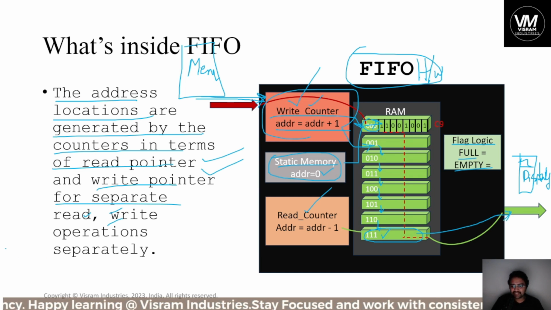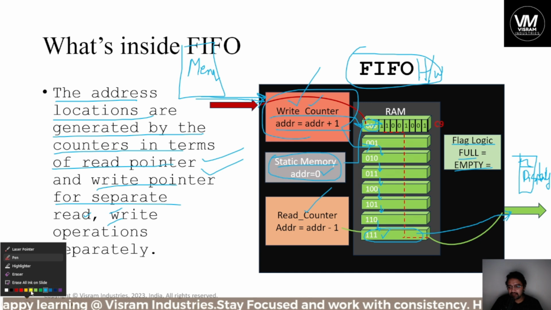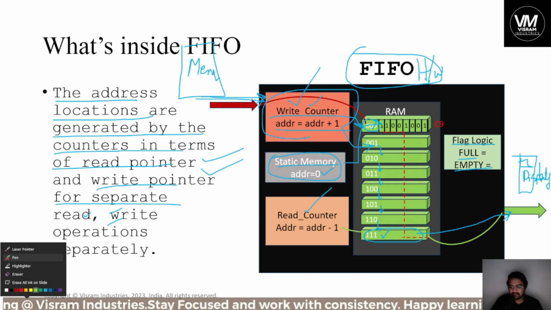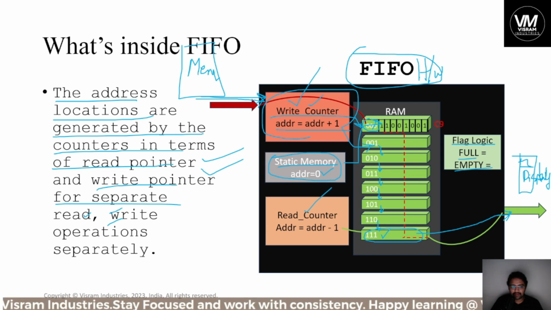In the second iteration, let us see with another color, okay, I have taken the wrong color. Whatever the data in the 110, that comes to the 111 now, because in the last register 111 the data is already sent out and now it is empty, and 110 is coming here and some other data is pushed forward to the first one.